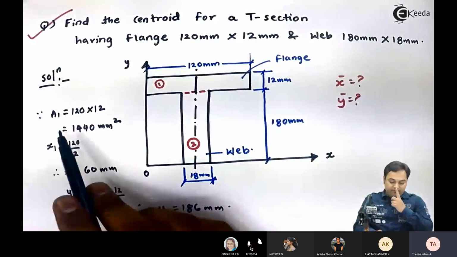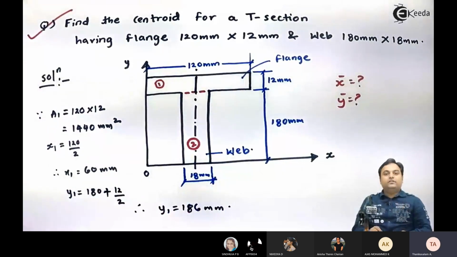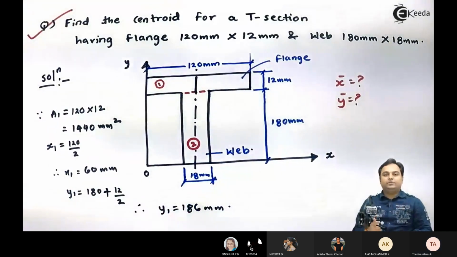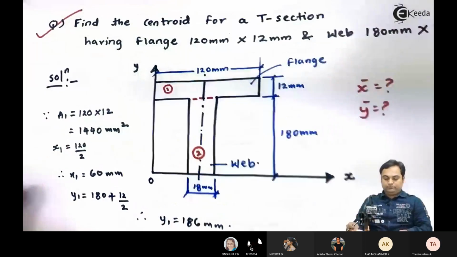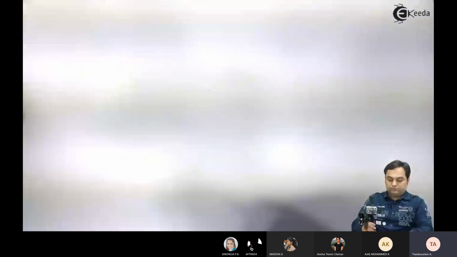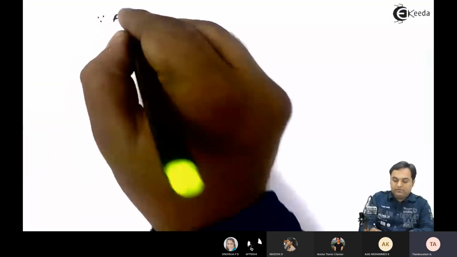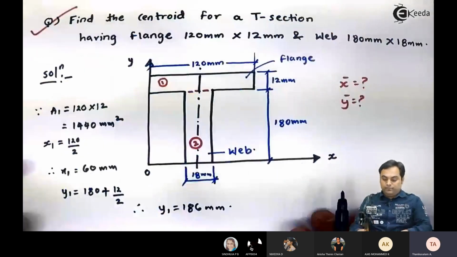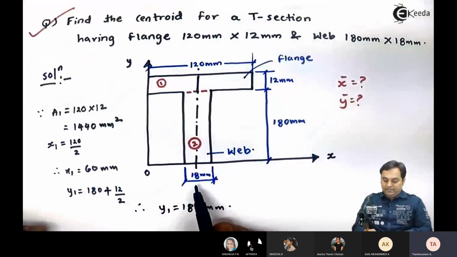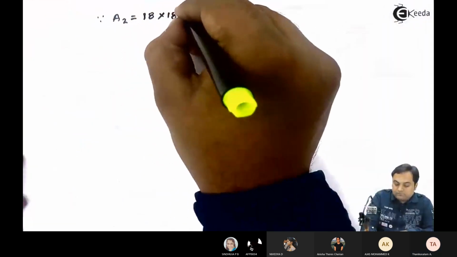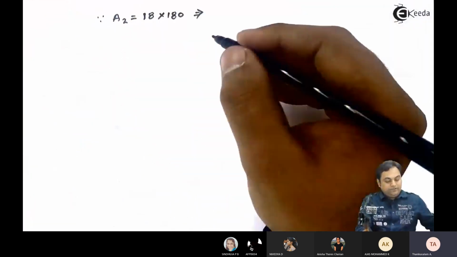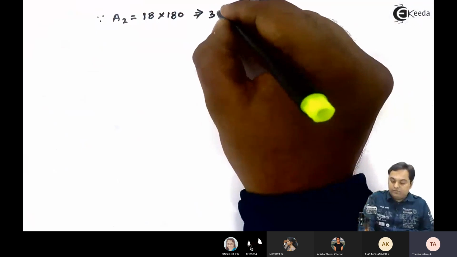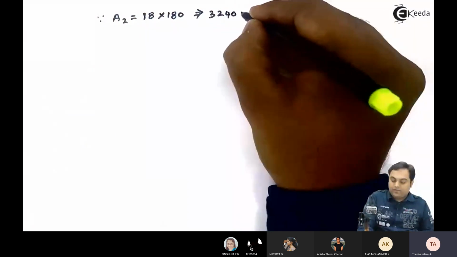Now after getting x1 and y1, I will calculate A2. A2 is for the web, and it is 18 into 180. Area 2 comes out to be 3,240 mm square.